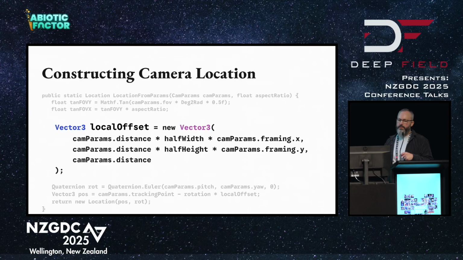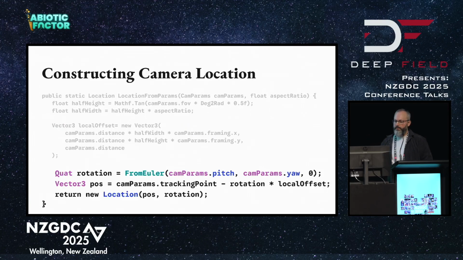Imagine we're positioning our camera at the origin with our distance and our framing. It literally is just distance multiplied by half width by our X framing value, and that's to get the X position, and then same with Y. And Z, because we're using Unity, Z forward, camera parameters distance is just how far we're going to be from the tracking point.